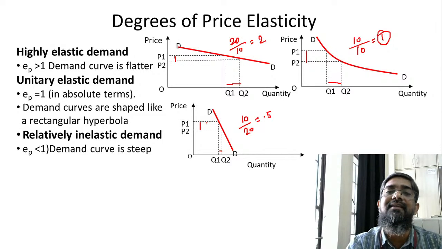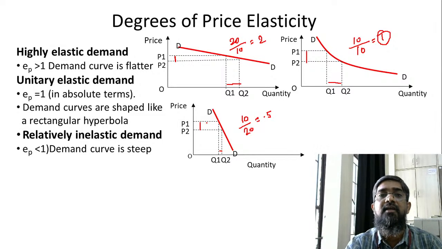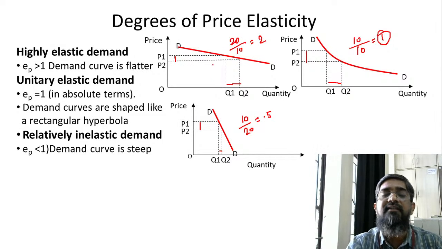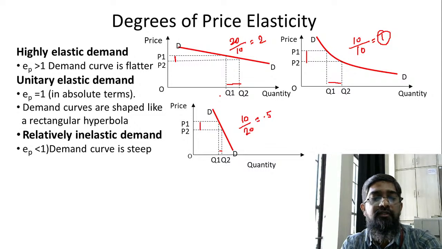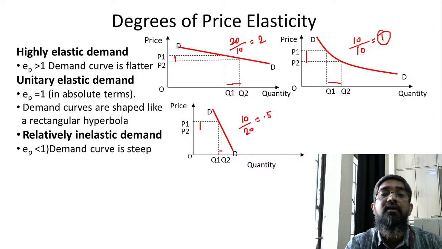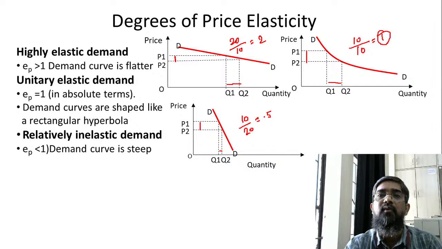The inclination toward the y-axis is greater, whereas in the greater than 1 elastic case the inclination toward x is greater. So these are 5 different types of degrees of elasticity, dear students. Is this fine? Yes, students, please let me know.